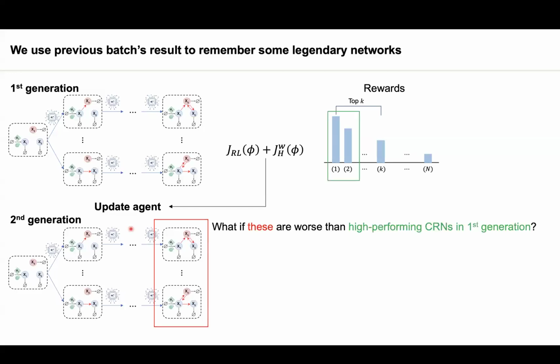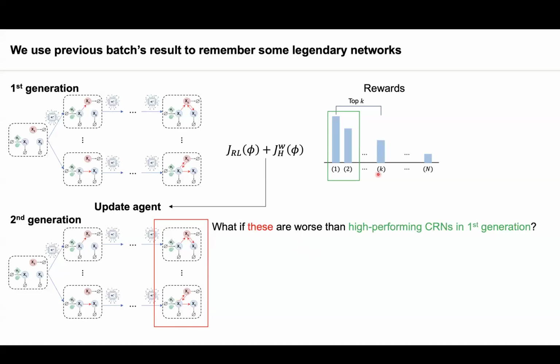And one concern is that if we sample the second generation, we forget all of the first generation and start from the really initial CRN here. So there is some possibility that some outperforming CRNs in the first generation are better than the second generation.